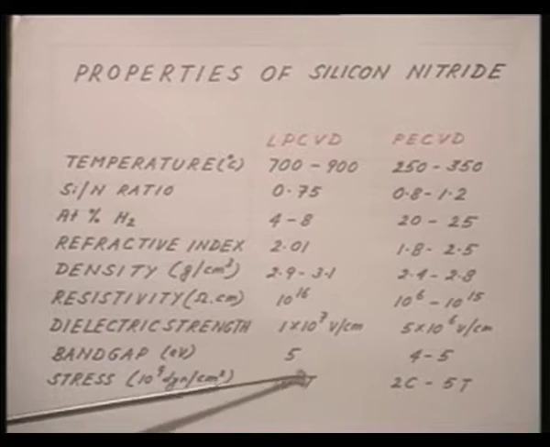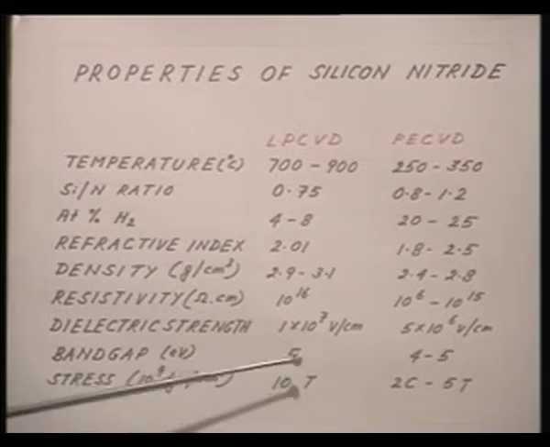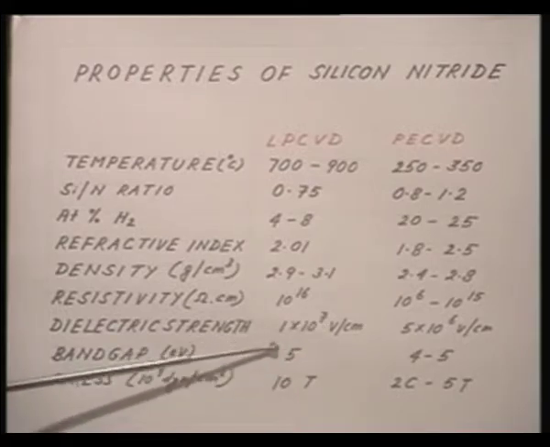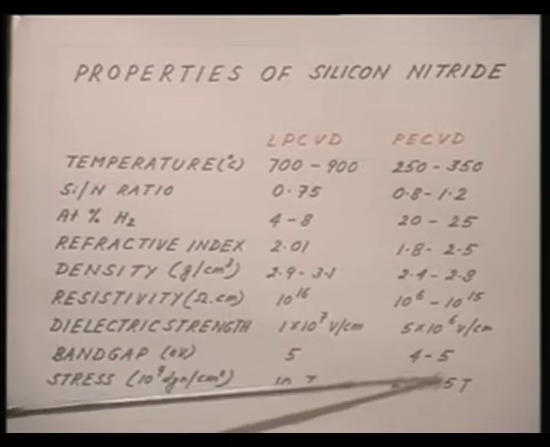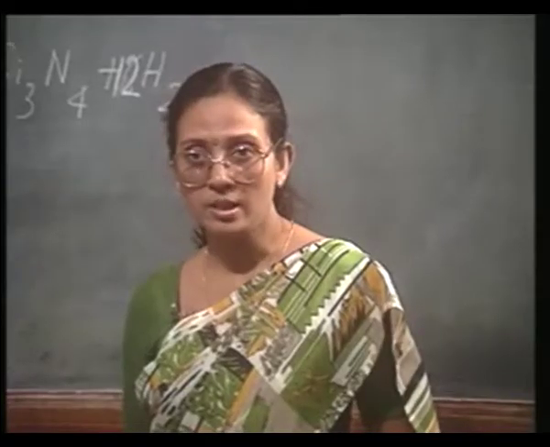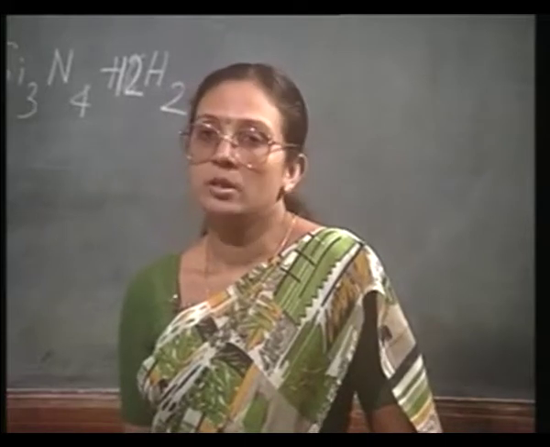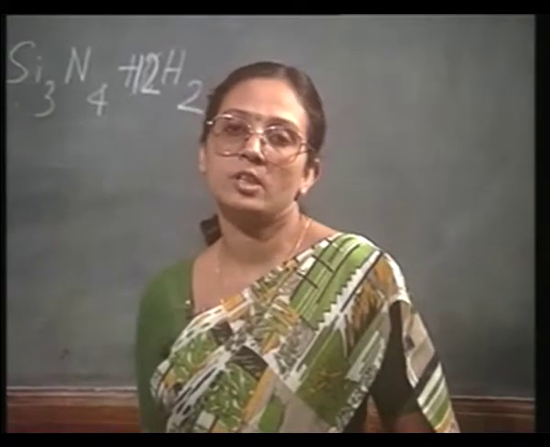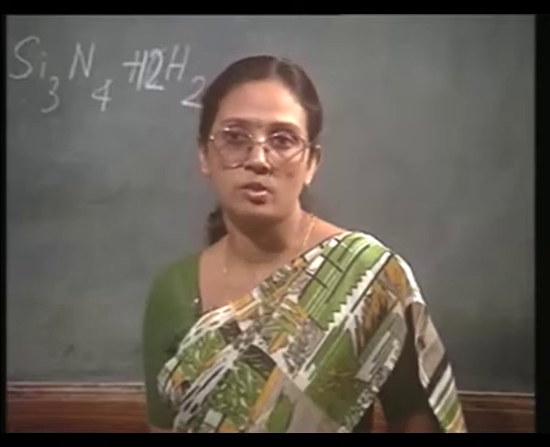The band gap of silicon nitride deposited by LPCVD process is 5. Here it is between 4 and 5 depending on the exact composition. And finally, the stress. Stress is a very important factor when you are depositing something on the substrate, right. That is because there is going to be a lot of stress for thermal mismatch, for lattice mismatch and all these things.